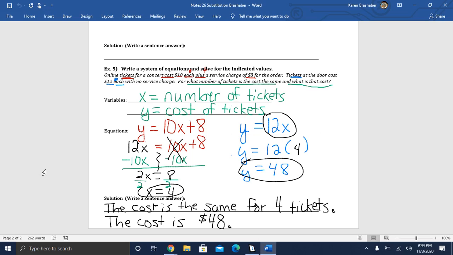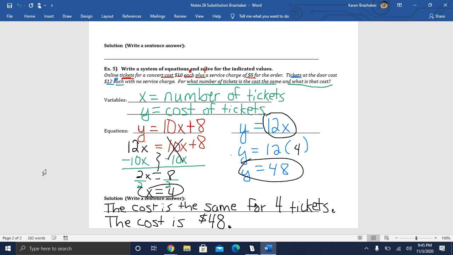So the cost is the same when you buy it online as when you buy it at the door when you buy 4 tickets. And that cost that is the same whether you buy it online or at the door is $48.